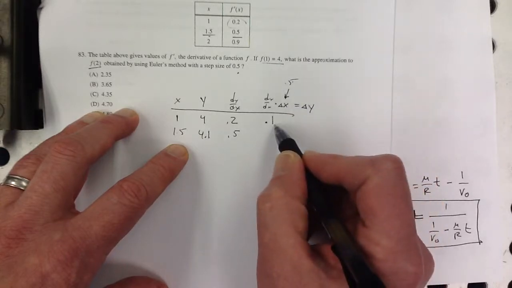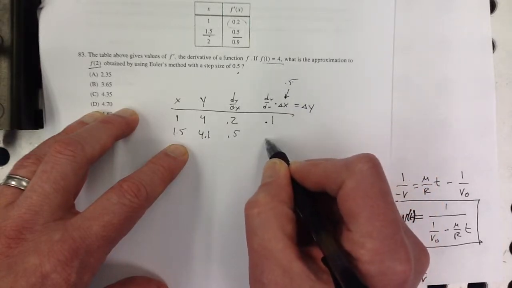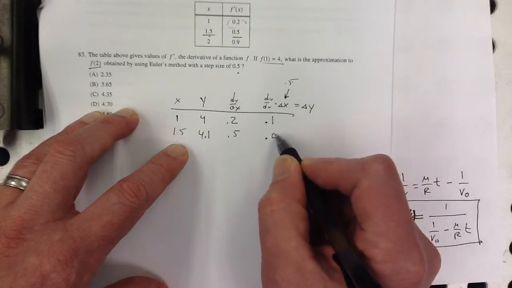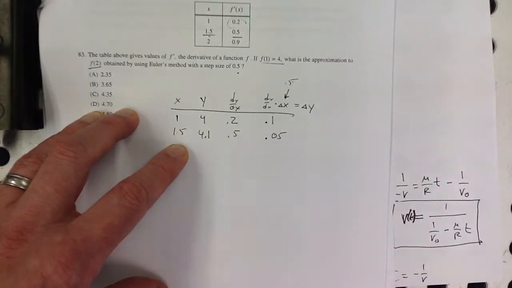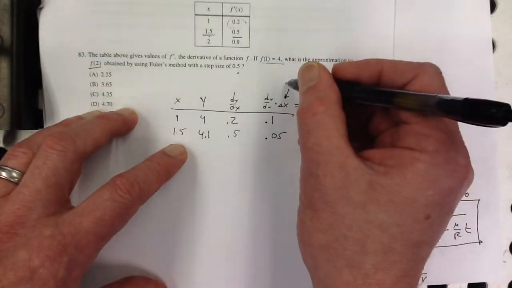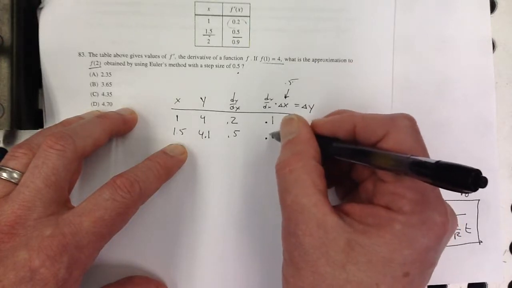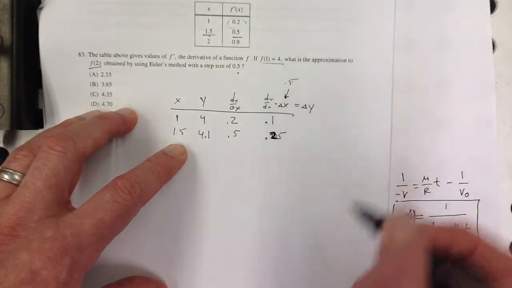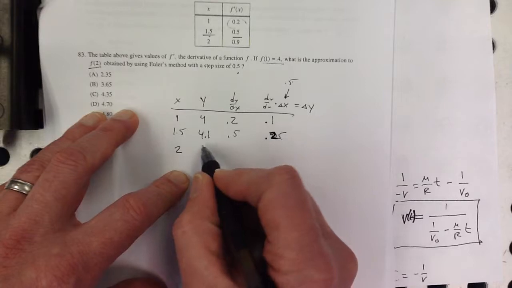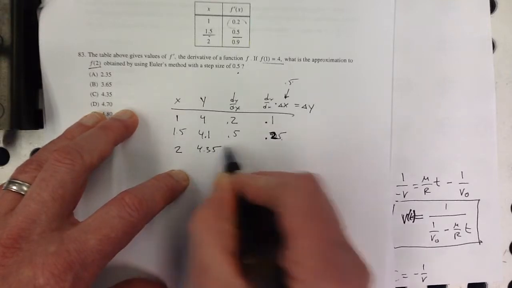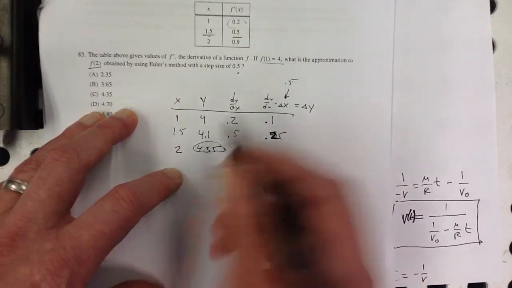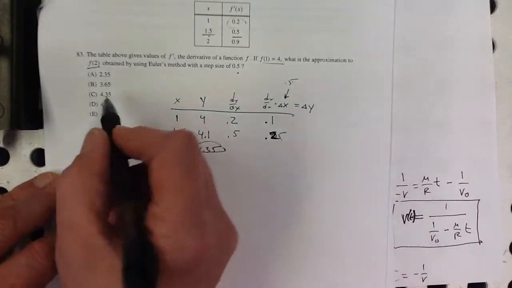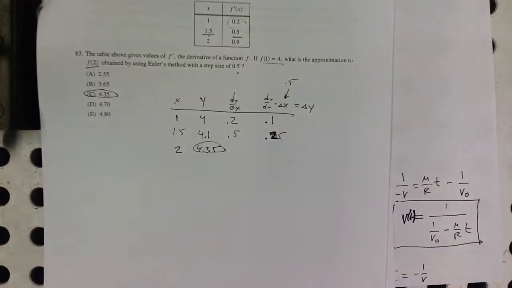To multiply that by 0.5, that's 0.25. And then add that over here, so that's 4.35. And you could use your calculator in there as much or as little as you want.